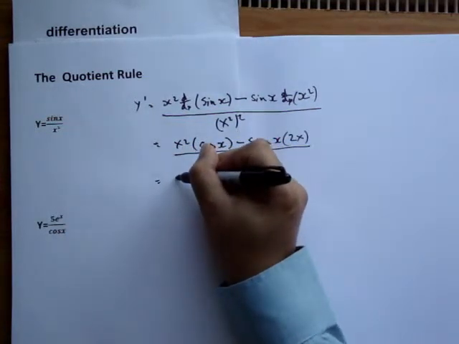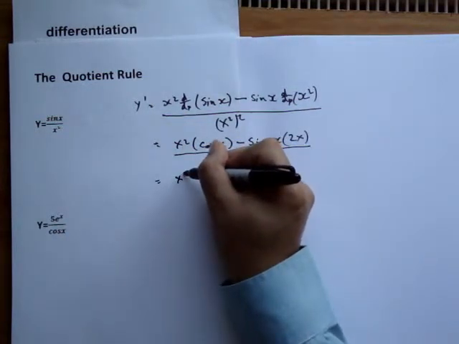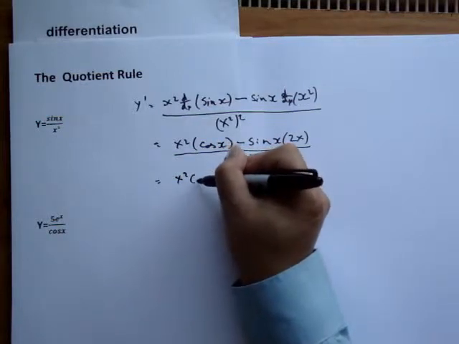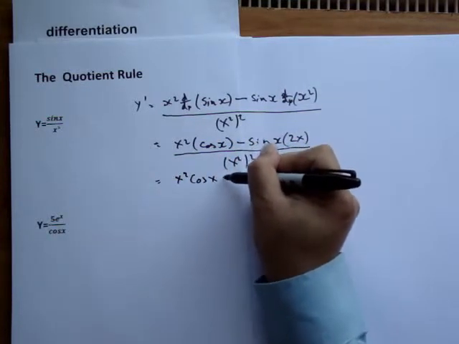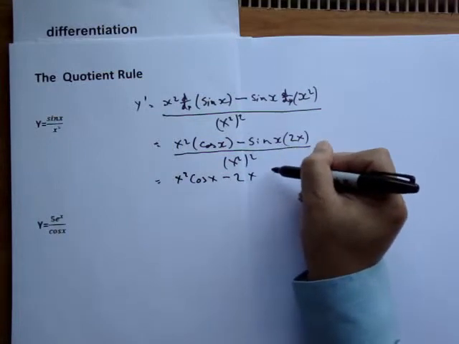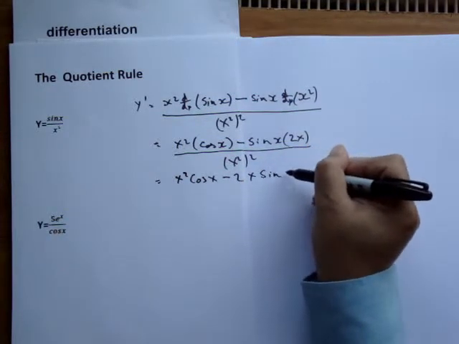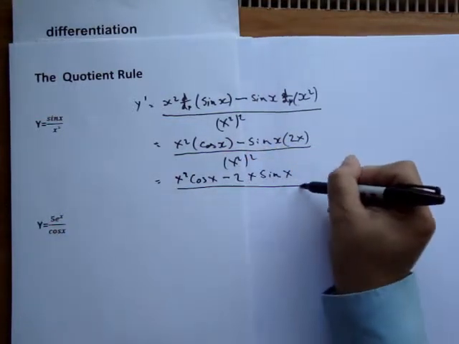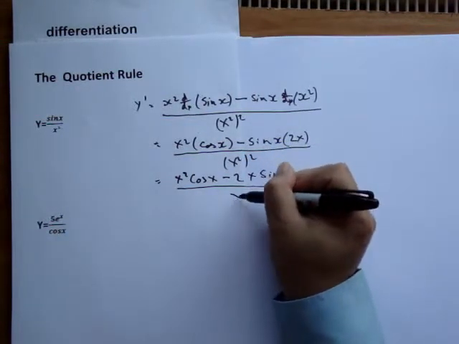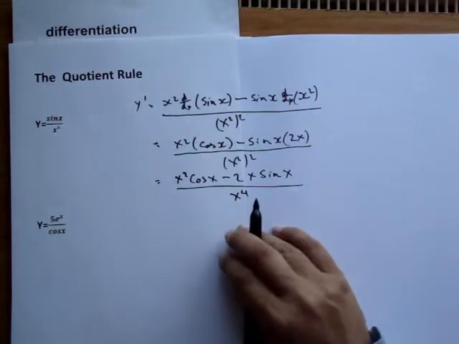Rearranging, multiplying out the brackets, we get x squared cos x minus 2x sine x, over x to the power 4.